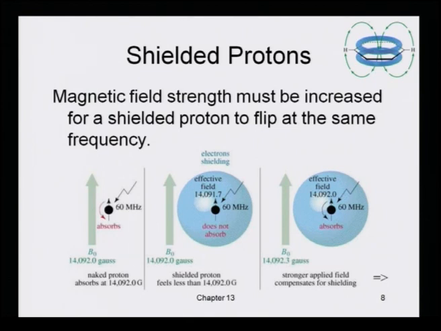So, you see a stronger field needs to be applied to compensate for this shielding, because it will not absorb, it is just getting protected by these spinning electrons. So, therefore, if the protons are shielded, one is unshielded versus shielded.